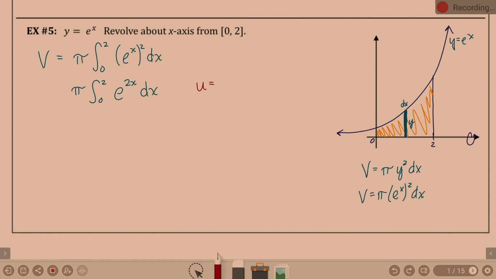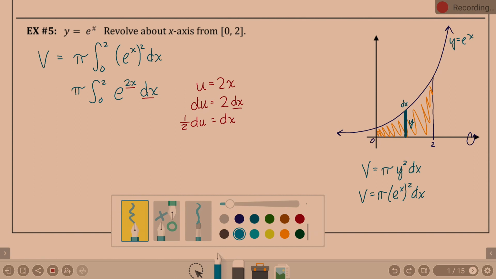So if u is 2x, then take the derivatives. The derivative of u is du, the derivative of 2x is 2 times dx. Now, as I start looking here, here's going to be my u. I have dx, but do I have a 2? No. So you're going to divide, and now I have what dx is.